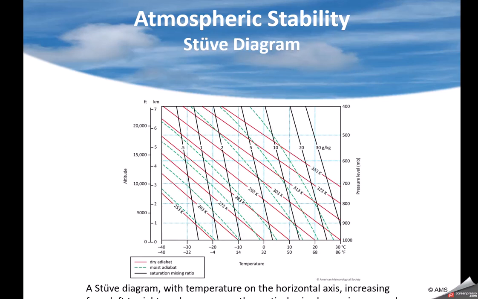So you can actually see on a Stuve diagram. All a Stuve diagram is, temperature goes straight up from the x-axis. Altitude or pressure is on the vertical axis. And what we have plotted on here is moisture. And here, this one that's fastest is the dry adiabatic lapse rate.